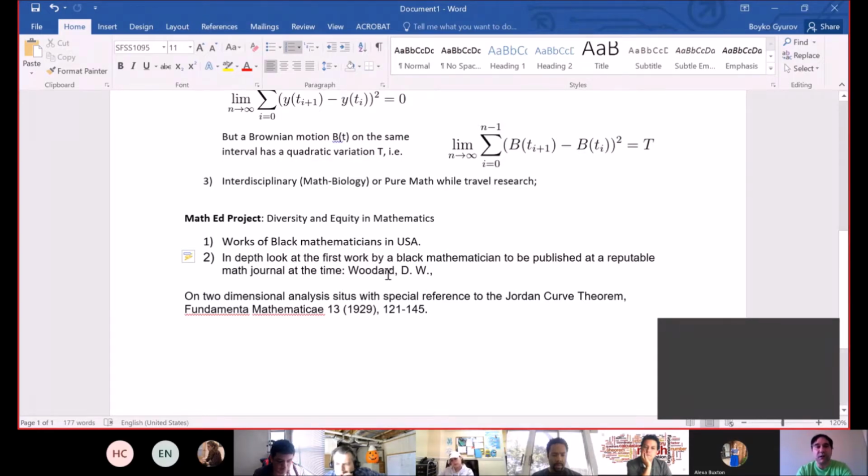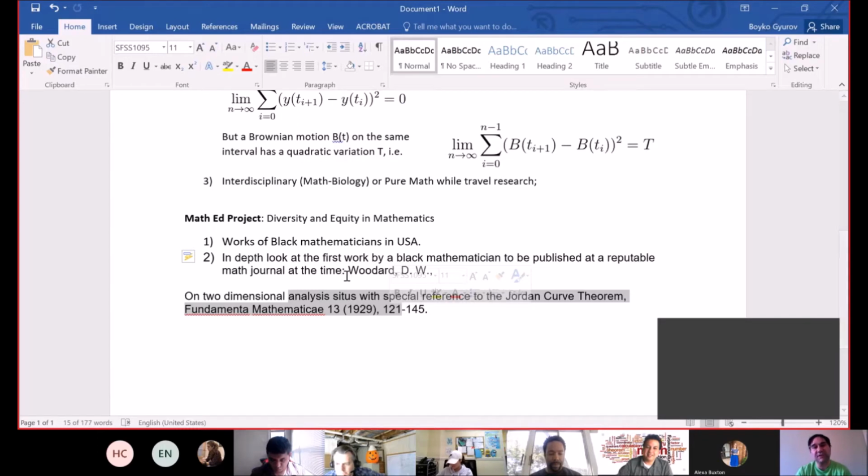For example, a talk or research that I would recommend for people who are in math education, and that's a very modern and interesting angle, is to look at works of Black mathematicians. For example, Dudley Woodard's paper that is listed right here. I have the paper and I can show it, but I'm going to run out of my 5 minutes, so I'm not going to. It's a very interesting direction to study.